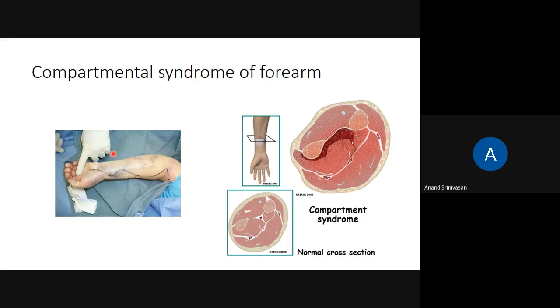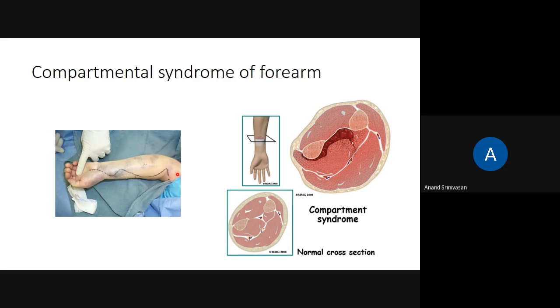Because suppose a person has sustained a fracture, say during sports, or sometimes a blunt injury to the forearm. Here in this person, you can see there are no external wounds; the skin appears to be intact.